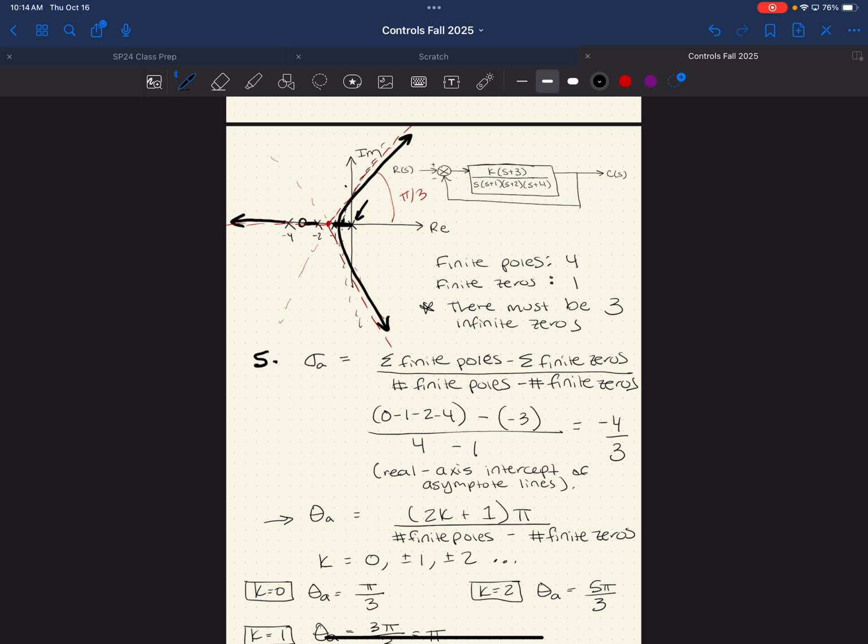You'll end up with more zeros than poles, and then you will have infinite poles, which is also possible. But of course, that means that your branch starts at infinity, which is a little bit weird. For this class, I'm not going to test you on infinite poles, but you absolutely will see infinite zeros. I hope that answers it.